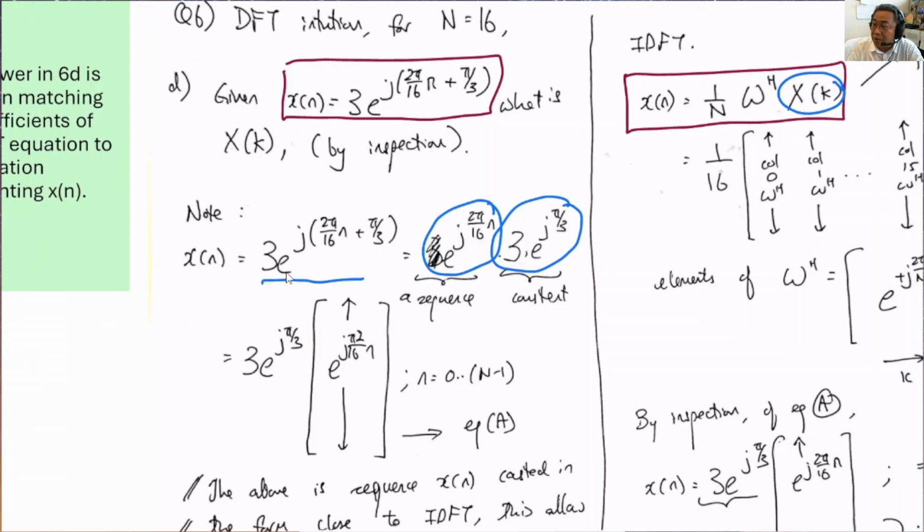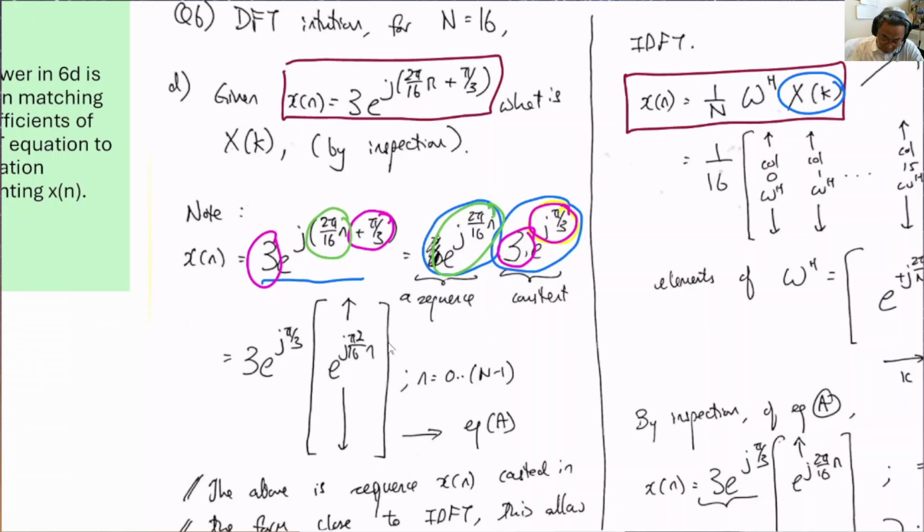So 3e^(+jπ/3) is this value here. And of course, the other member is this one. So I can break the complex exponential into a product of two complex exponentials, and this is a constant.